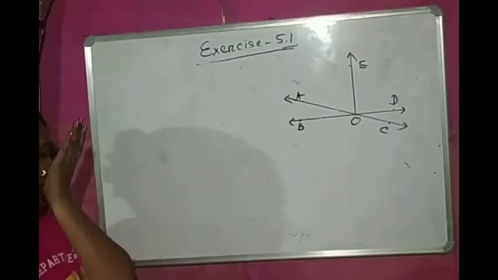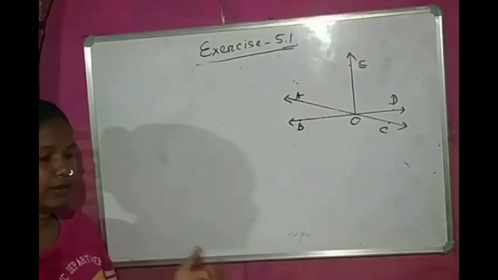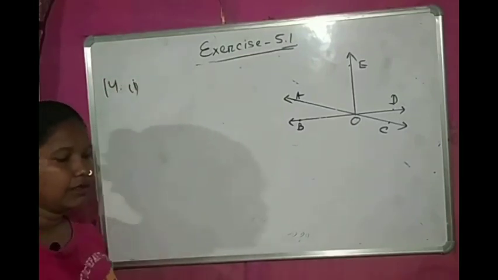In the adjoining figure, name the following pairs of angles. We have to name the following pairs of angles. Question number 14.